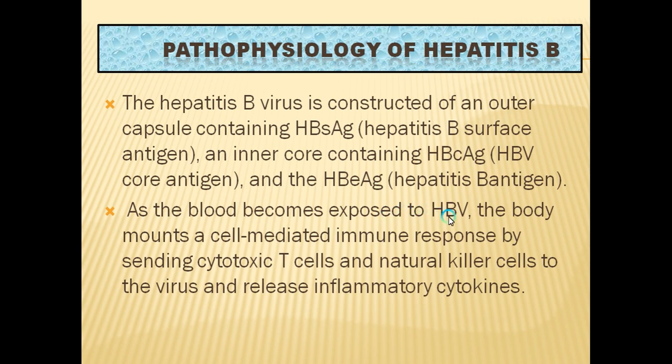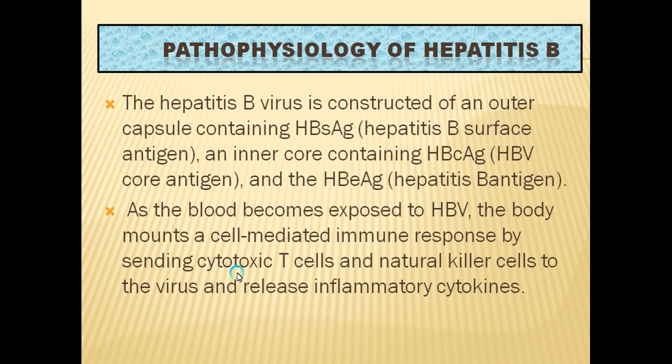So whenever you have hepatitis B virus, the body initiates a cell mediated immune response by sending cytotoxic T cells and natural killer cells to the virus and releasing inflammatory cytokines. Okay, तो body क्या करता है? hepatitis B virus से लड़ता है by cell mediated immune response. कैसे?